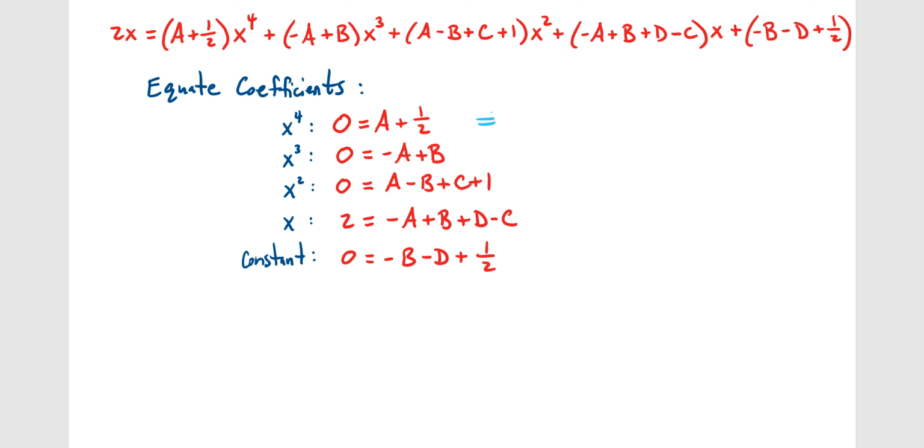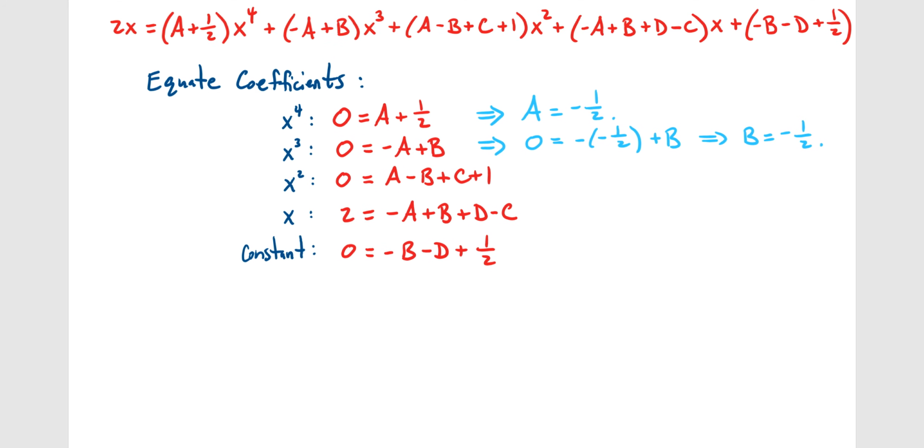From the first one, for a, subtract 1/2 on the left. We get a equals negative 1/2. For the next one, we're going to plug in a. That's 0 equals negative 1/2 plus b. Solve that for b. We end up getting negative 1/2 for b as well. And hopefully we can see where we are going with this.